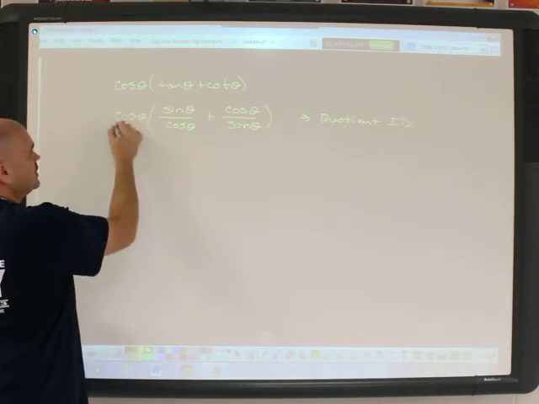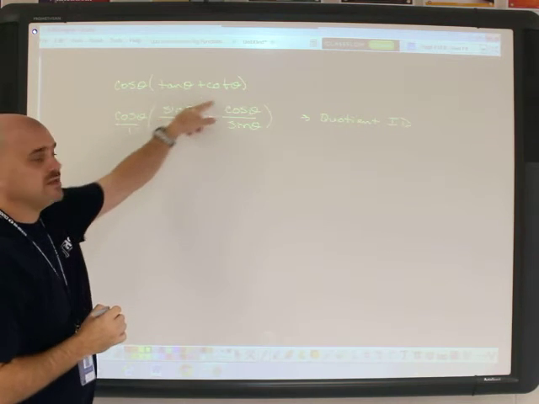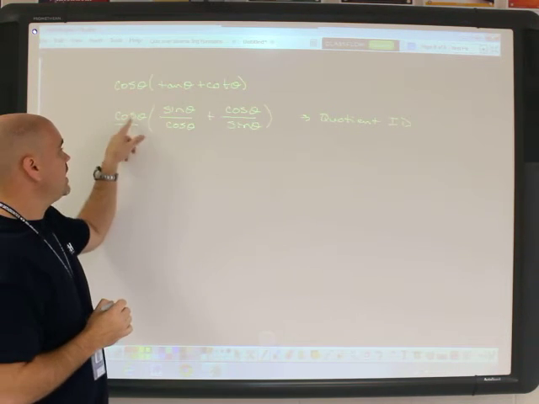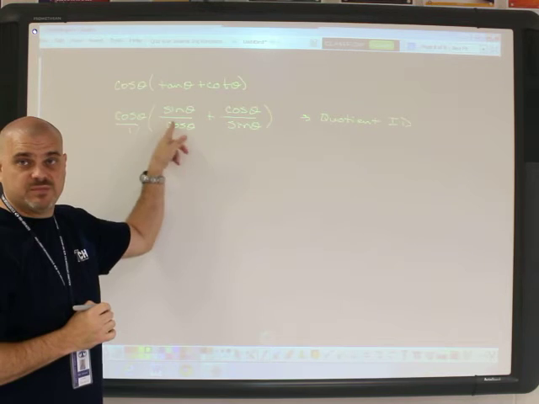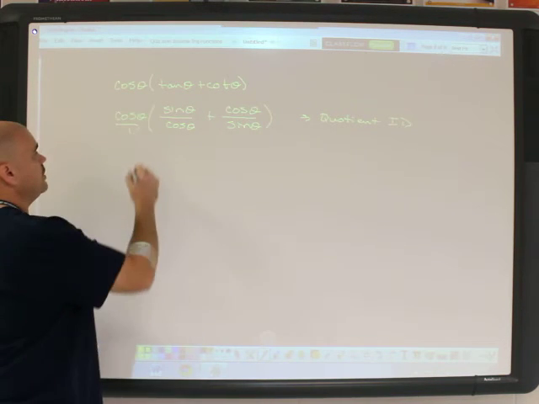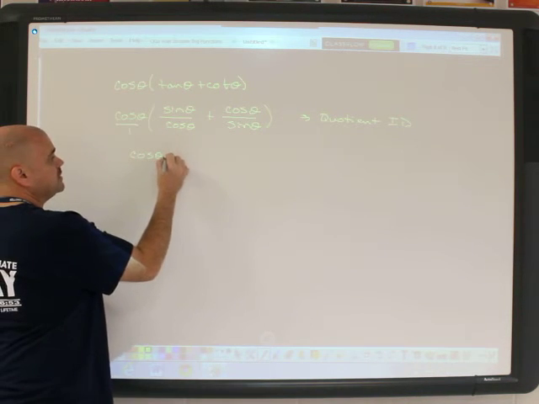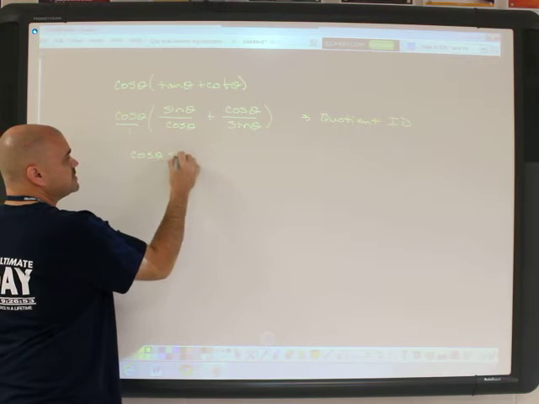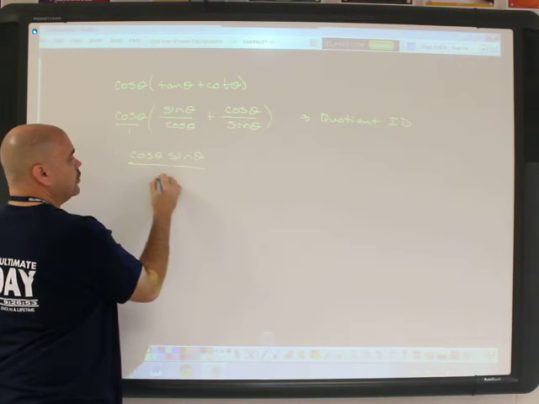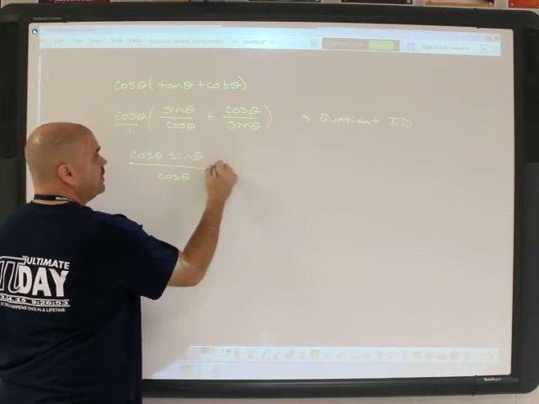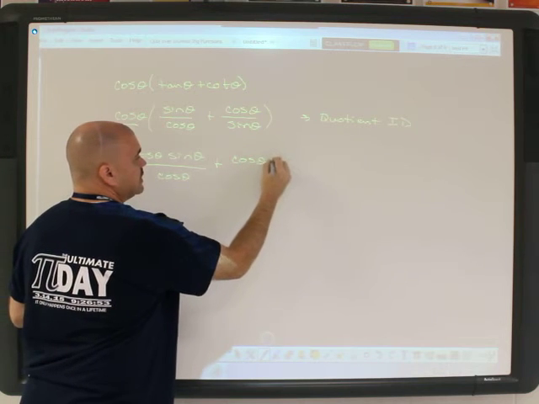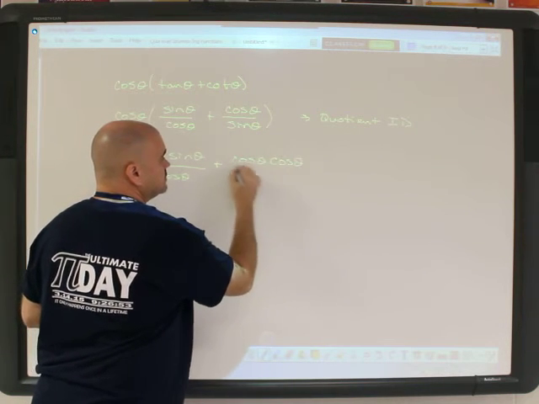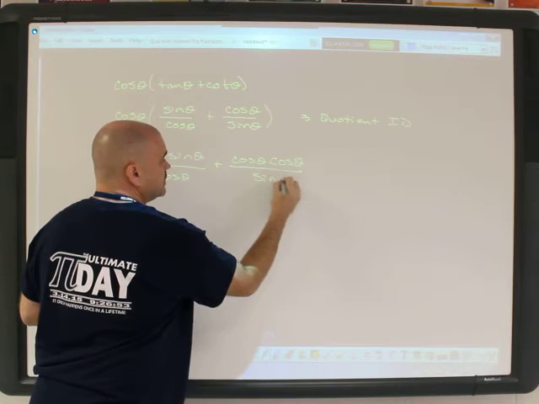Now, of course, we can distribute our cosine, use the distributive property, A times the quantity B plus C is AB plus AC. So we got cosine of theta times sine of theta over cosine of theta, plus cosine of theta times cosine of theta over sine of theta.